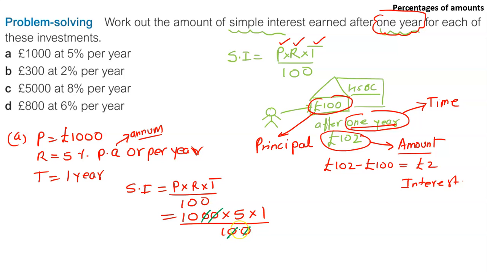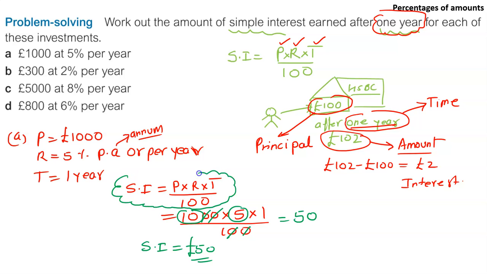I always say zeros will be top and bottom if you are cancelling. And what is left here? This 10 and 5. 10 times 5 is 50. So simple interest will be 50 pound for 1 year. Hope this is okay. So you need to remember this formula. Simple interest is P times R times T divided by 100, and I have explained you the concept.